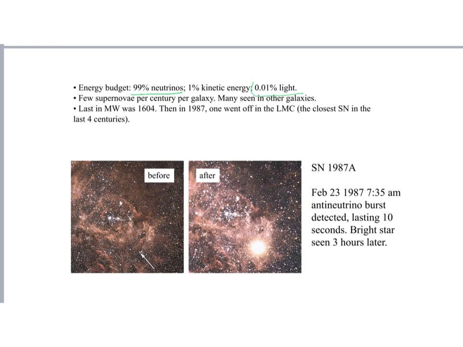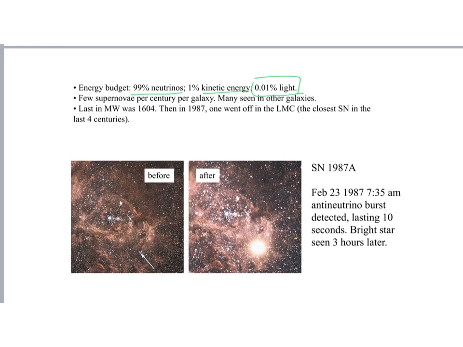There is very little light, although that's the only thing that we see in the visible wavelengths, or actually on all wavelengths. The whole electromagnetic spectrum emitted by this event accounts for only 0.01% of all of the energy that is released. And then there is the energy associated with the shock wave, and that accounts for 1%.